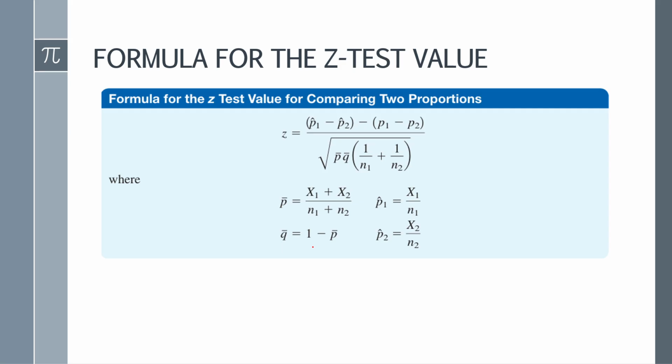X sub 1 plus x sub 2 over n1 plus n2. And p hat 1 is equal to x sub 1 over n1, and p hat 2 is equal to x sub 2 over n sub 2. And how to find the q bar, the complement? It is 1 minus p bar.